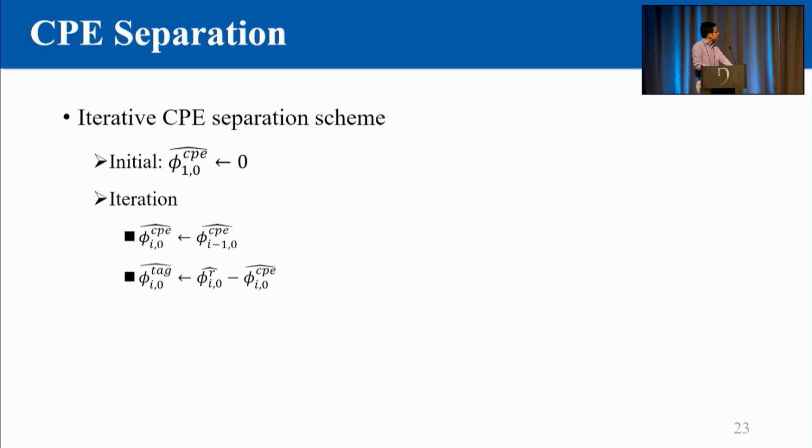Then, we estimate the tag phase according to equation 2 we deduced before. As the pictures on the right depict, the red sector is the CPE we estimate from the previous symbol, and the green sector is the phase of zero subcarrier, which is estimated by our weighted least square scheme.